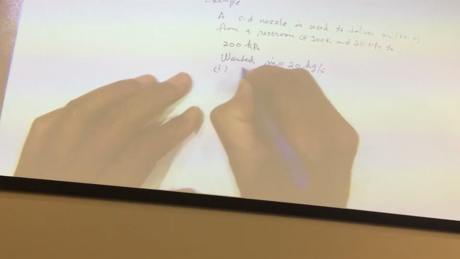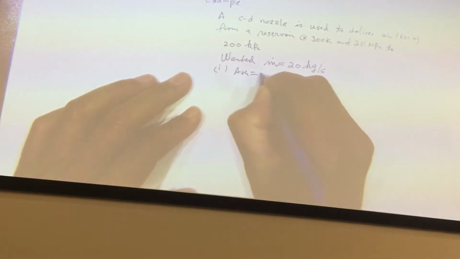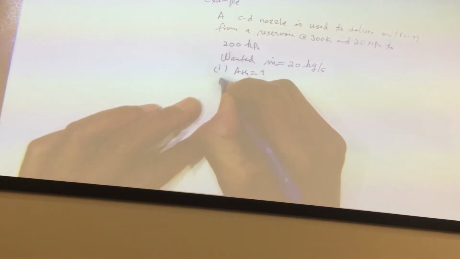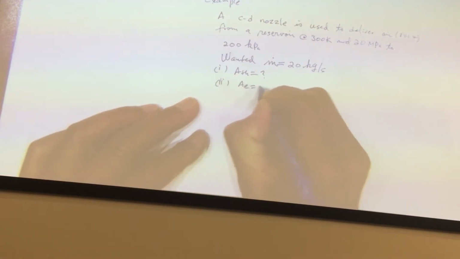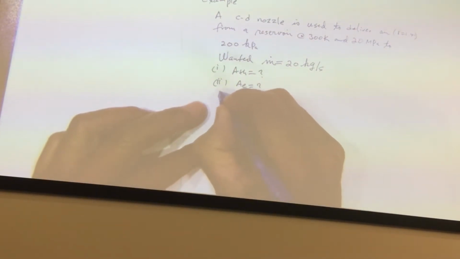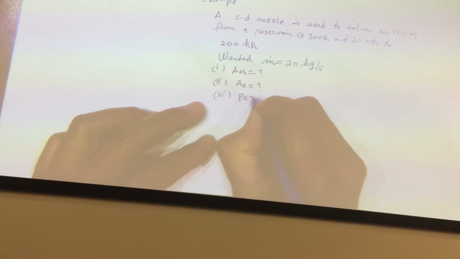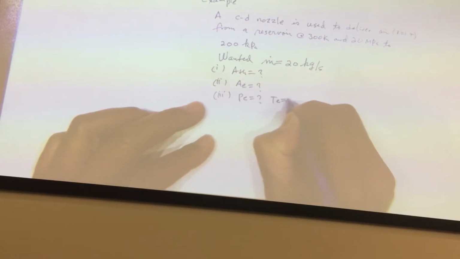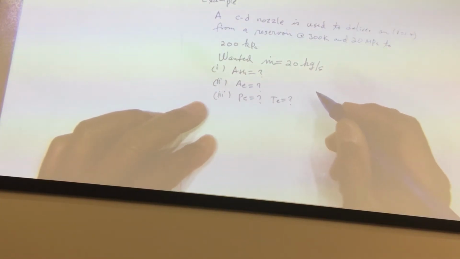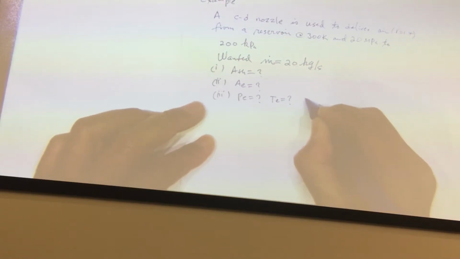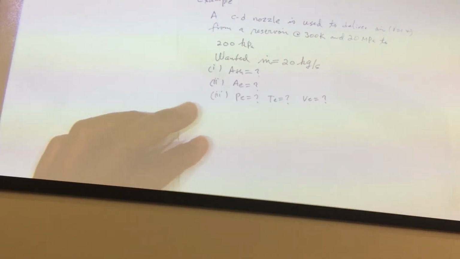Question 1, A throat, what would that be? Second, AE, meaning the cross-sectional area at the exit. Third question, PE equal to what? Asked.